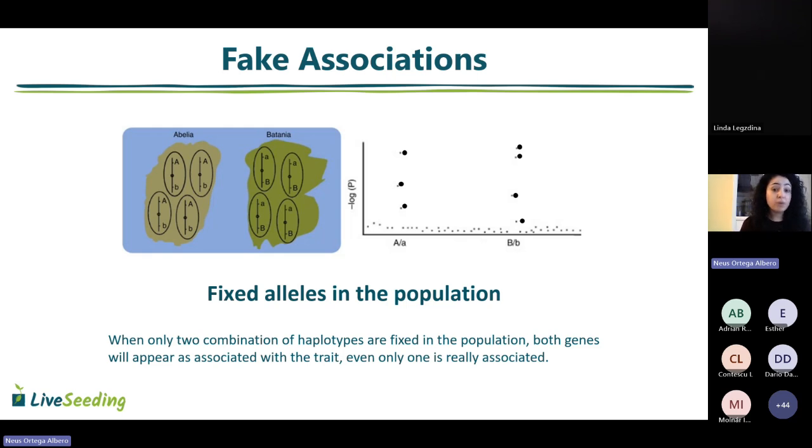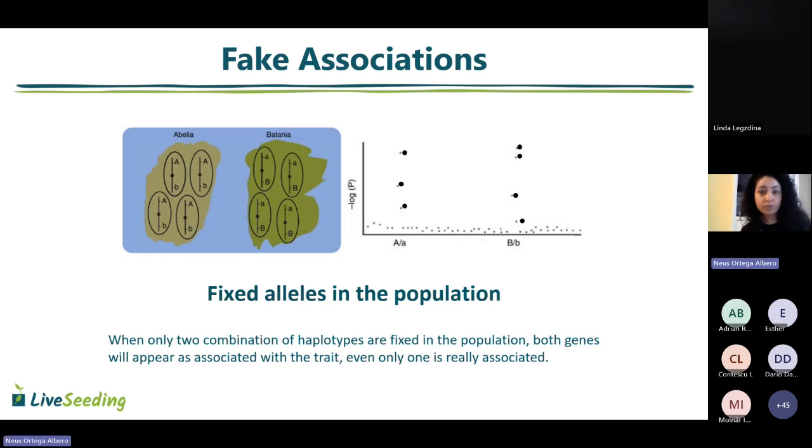But if we only have two combinations of alleles, in this case A major, B minor, and A minor, B major, we might associate one of these alleles to the phenotype when it is not really the association.